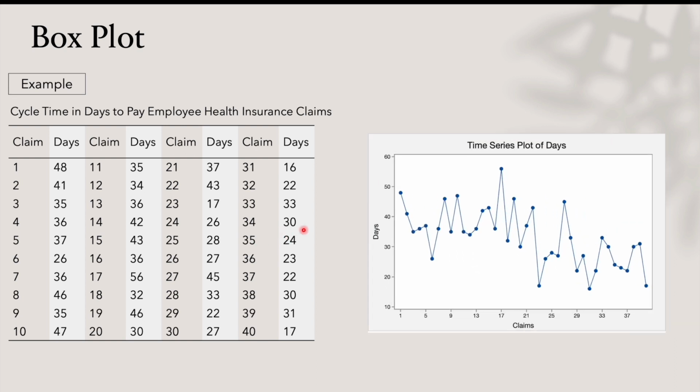This is how a time series plot looks. Here at the bottom, the x-axis represents time, meaning present, past, and future. Like in claims, this is the number of the application: the first application, second, third, fifth, ninth, 13th, 17th, and so on.